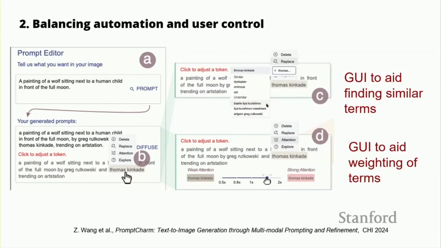The GUI also includes easy ways of finding similar items. So, if you don't know your artist super well, or you can't remember a particular artist's name, it may give you suggestions for different kinds of artists or different kinds of styling. And hopefully some of these word choices match your mental model of what you like. They also enable weighing of terms, which is kind of cool.